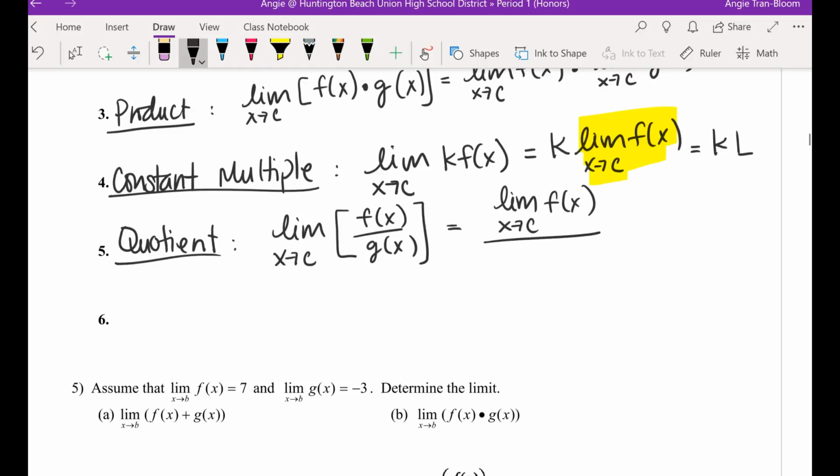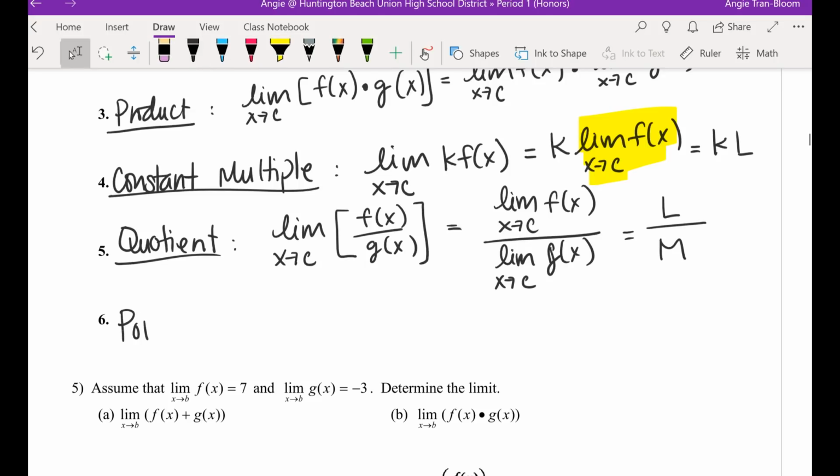So if you don't feel like doing the limit of g of x as x approaches c, if you already know the limit of f of x, which I gave you earlier as L, and the limit of g of x was m, you can break them apart and then find them after each limit.